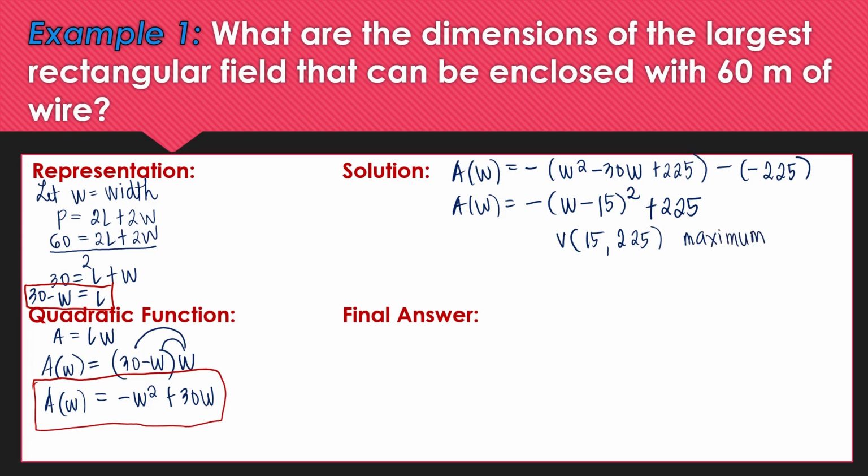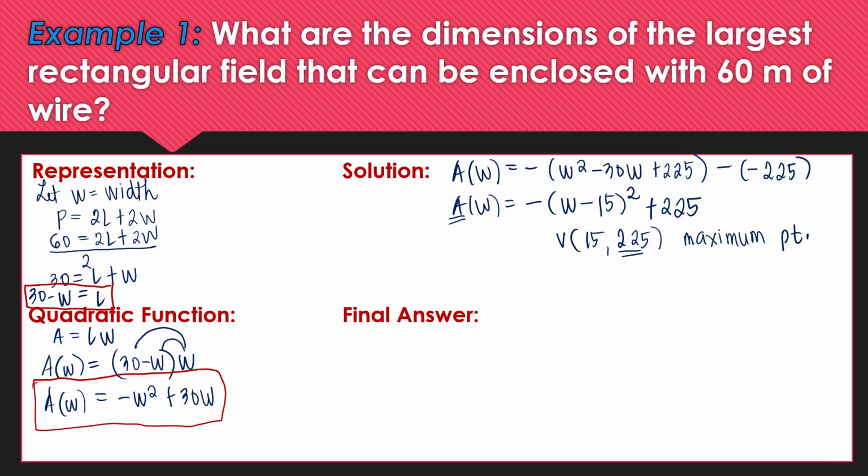If the vertex is a maximum point, the value of k here is the maximum value. So what is this 225, which is the maximum value? That is referring to the area. That means 225 is the largest area that can be formed using 60 meters of wire.